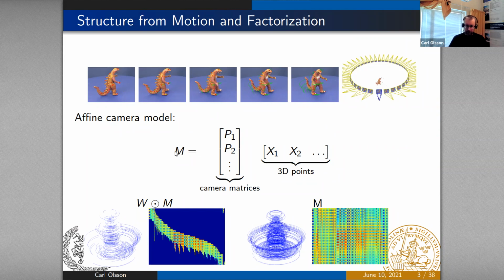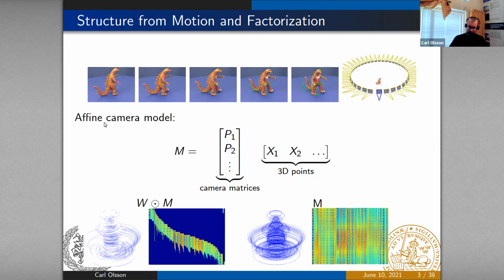And then I put all of these tracks in some kind of measurement matrix. And from that matrix, I try to use some kind of geometry to extract this.